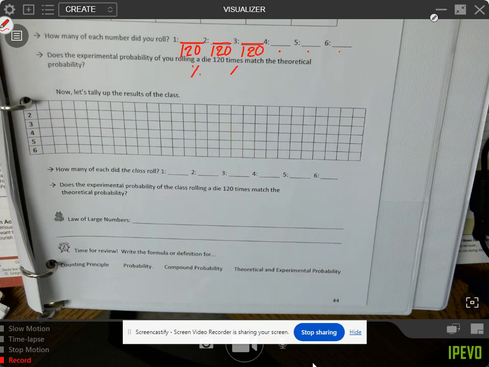So what's your percent? Your 5s divided by 120, what's that percent? Your 6 divided by 120, what's that percent? So I should see 6 percentages written down.